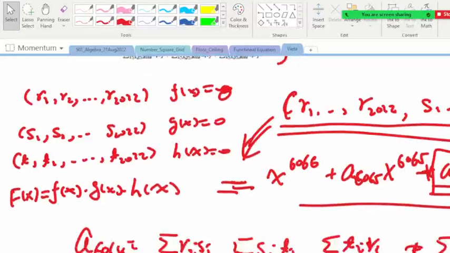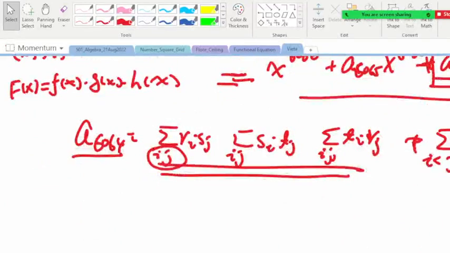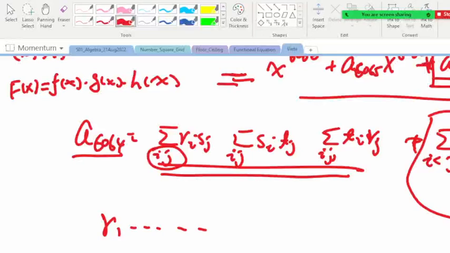Good. Can you listen? So let's see our structure of the roots. Okay. So r1 to r2022, s1 to s2022, t1 to t2022, right? Because any two can be a pair.